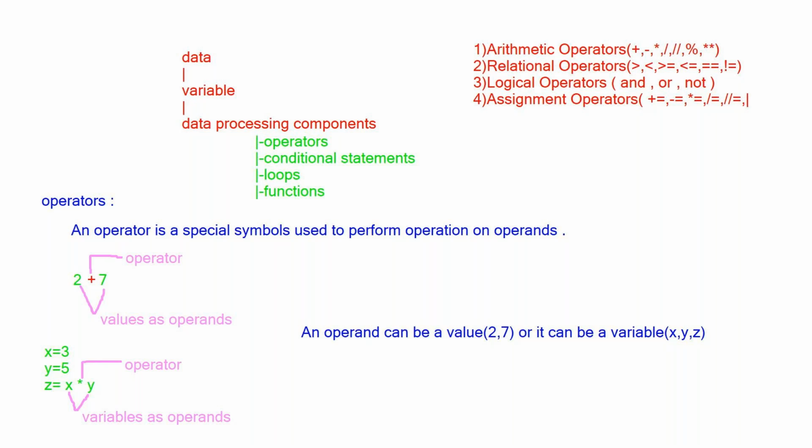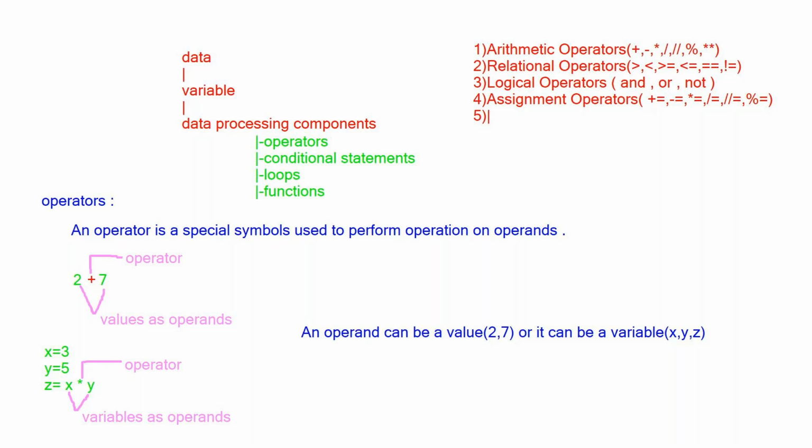Single slash means normal division equals, double slash means floor division equals. Next one, modulus division equals. These are called assignment operators.